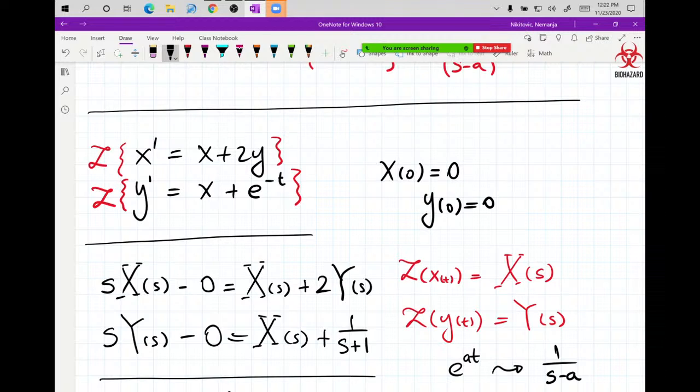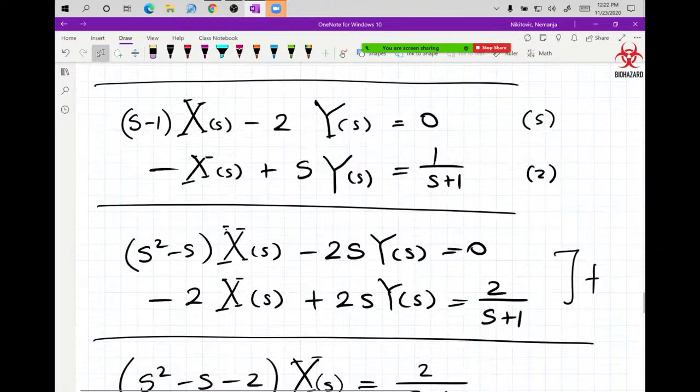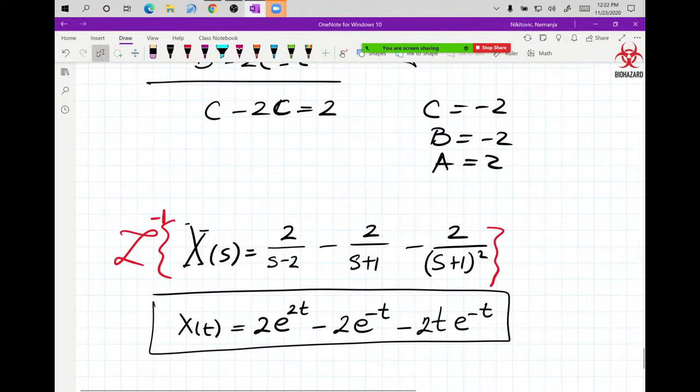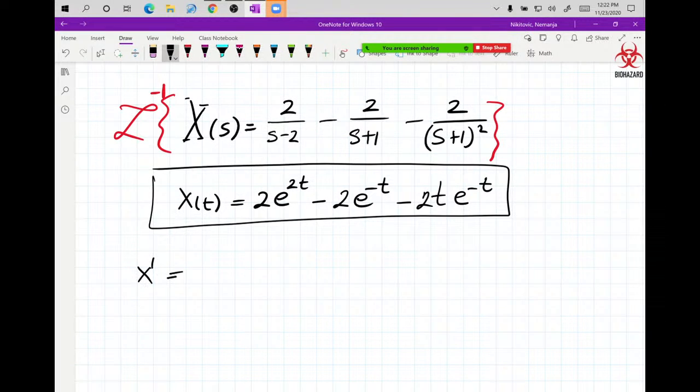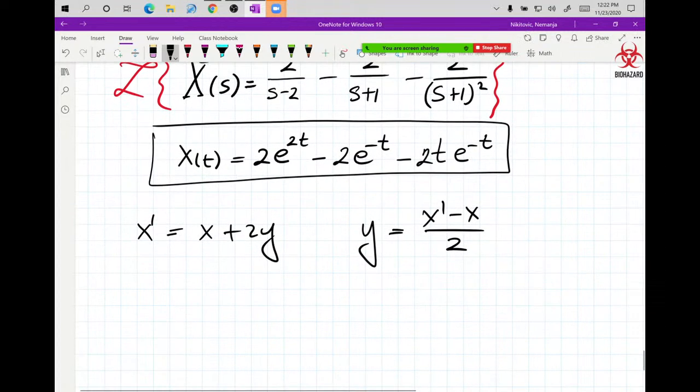But you have the vanilla y in this one. So x prime is equal to x plus 2y, from where y is equal to x prime minus x over 2. And you can get x prime easily by differentiation. You plug everything in, and you have the solution.